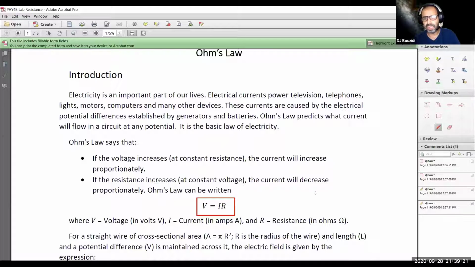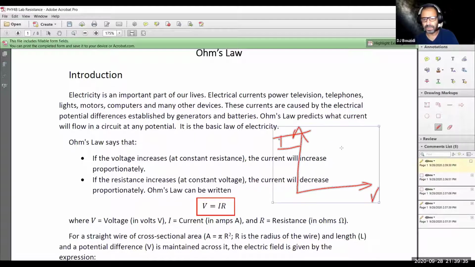So I'm going to draw V, and this is the current I. Instead of seeing something like this, where it starts more or less from the origin, okay?